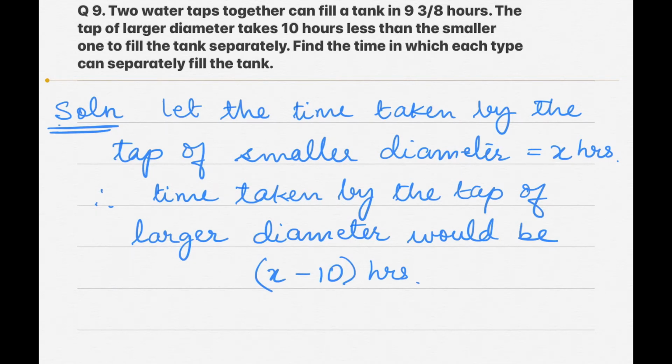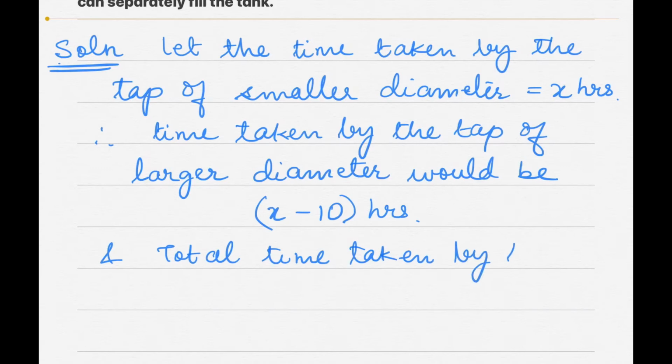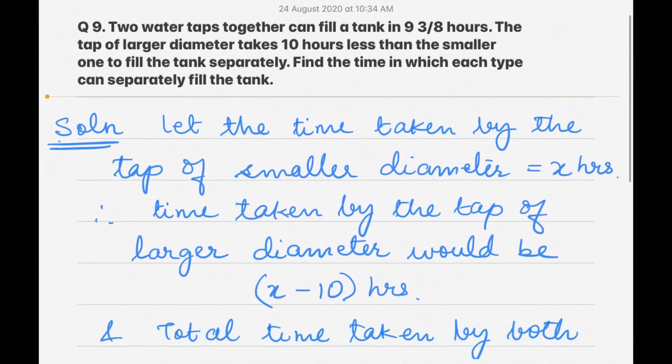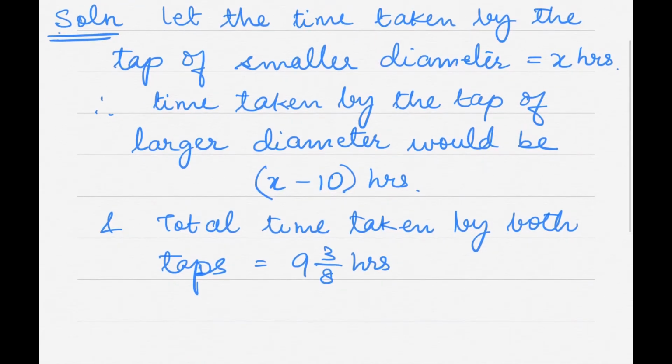Okay, so now total time taken by both taps is given to us as 9 3/8 hours, or I can write it as an improper fraction, 75/8 hours.